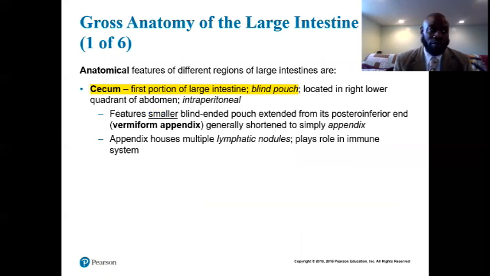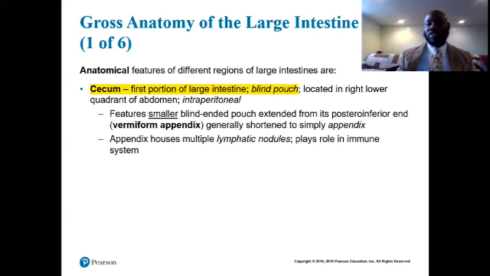All right, so once we get past the stomach, the duodenum, the jejunum, the ileum, we get to the first part of the large intestines, which is the cecum. Right, cecum, first portion of large intestines, is known as a blind pouch located in the right lower quadrant of your abdominals.